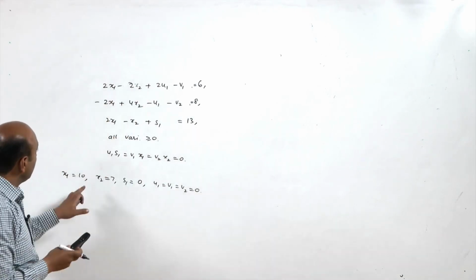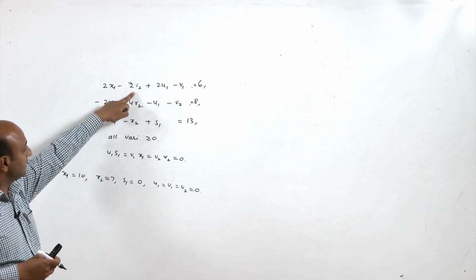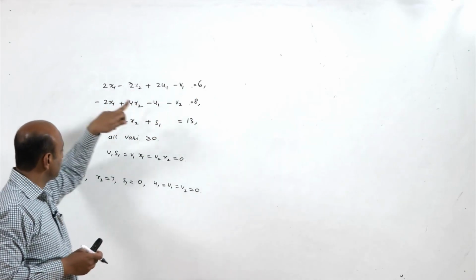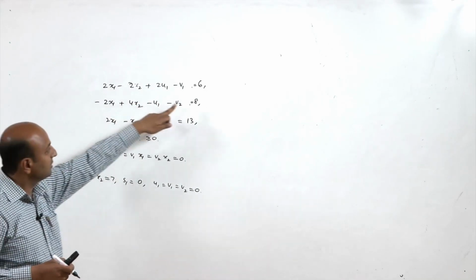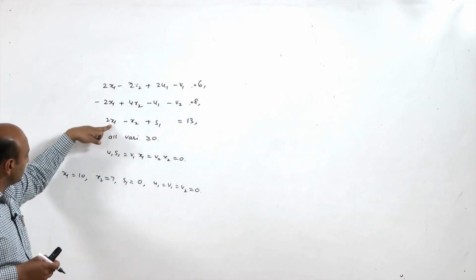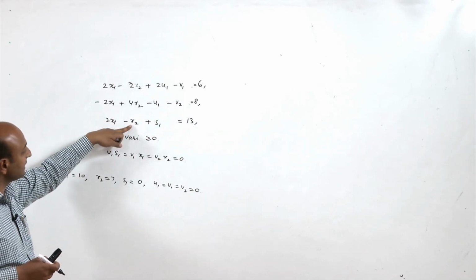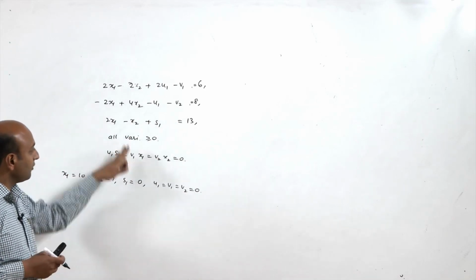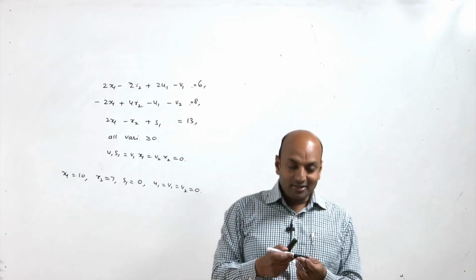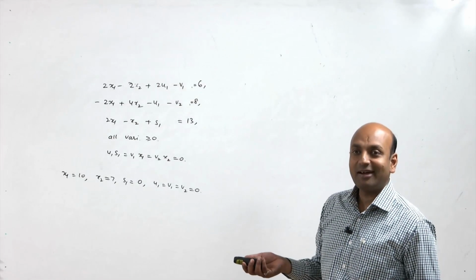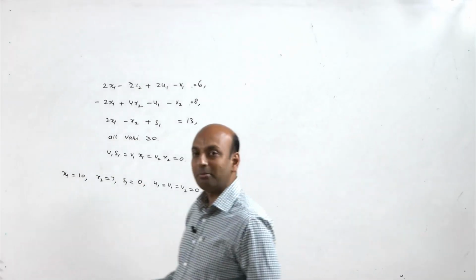You see, 20 minus 14 is 6, the others all 0, equal to 6. It is minus 20 plus 28 is 8, others all 0. It is 20 minus 7 is 13, 13 plus 0 is 13. All variables are non-negative, so this condition is satisfied. So, this point satisfies all the constraints, and hence solves our problem, our QPP.